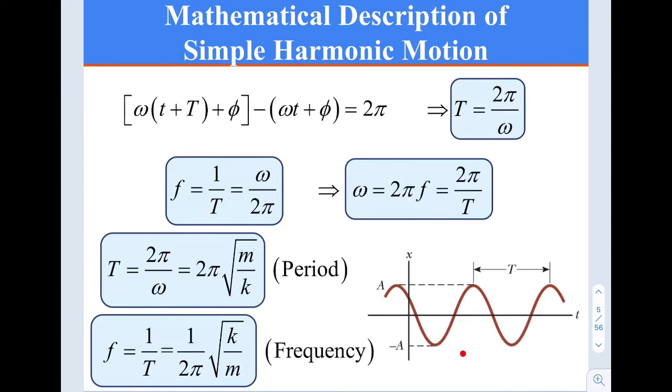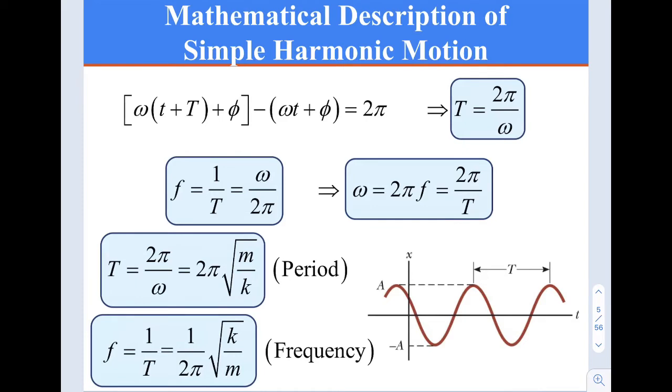This is figure 15.2a in your textbook, page 389. If we consider this figure, the value of x and v for the particle at t equals the value of x and v at t plus capital T, because it has already completed one circle. Initially it has t. After one complete circle, the total time taken is already t plus T.